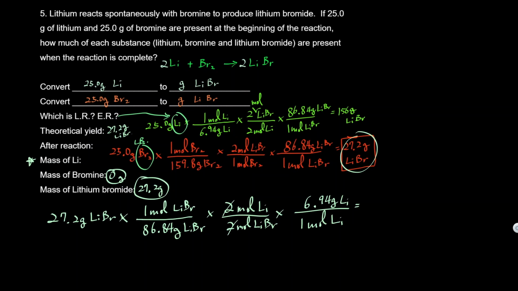27.2 multiplied by 6.94 divided by 86.84 gives us 2.17. This means 2.17 grams of lithium reacted. Okay. How much did we start with?